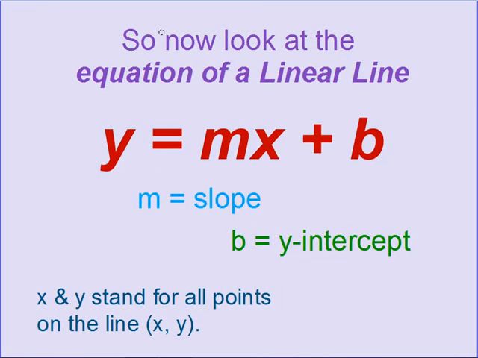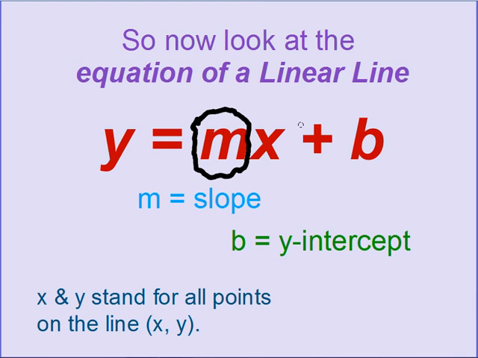So now we're going to look at the equation of a linear line. This is hugely important and must go in your notebook. Y equals mx plus b. This is an equation that you will use forevermore. M, of course, represents our slope, right? The number in front of the x.